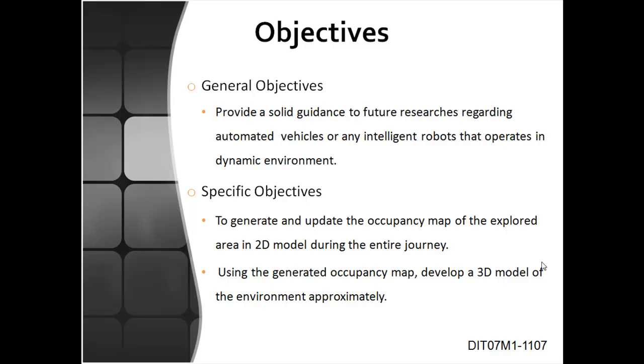Combined with a powerful robot, it will provide an excellent way to explore areas unreachable by humans, and we can also get a clear idea of the explored area by simply looking at the 3D model. Those are the specific objectives of this research. That's all about the objectives, and my next colleague will explain the architecture of this system.